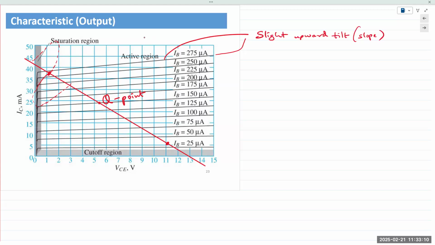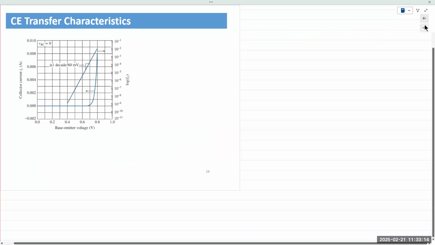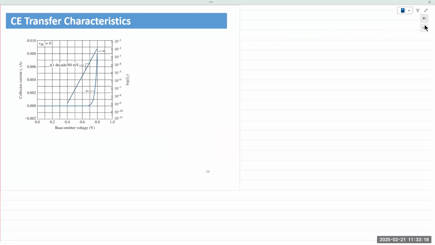All right. Transfer characteristics. Transfer means how the input is transferred or related to the output. In this case, our output is the collector current, IC, and here we are using input base emitter voltage, VBE.